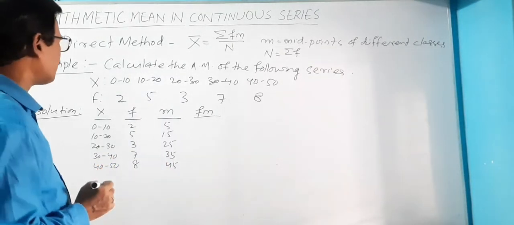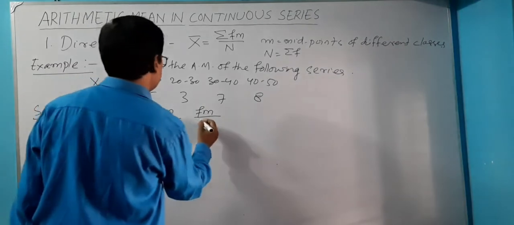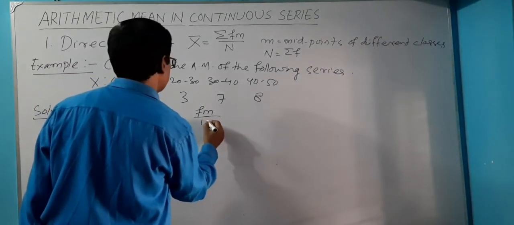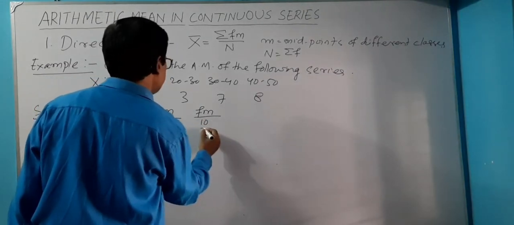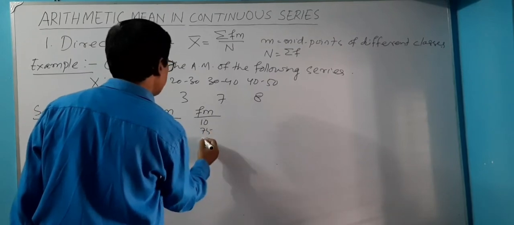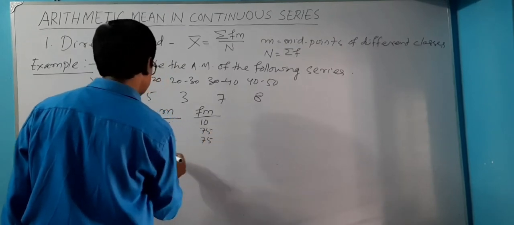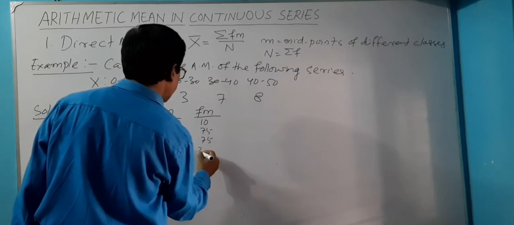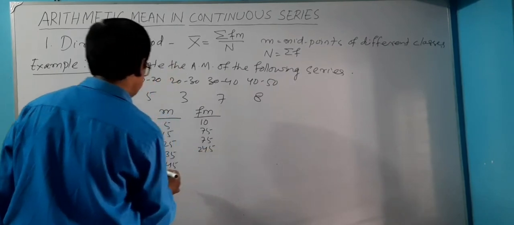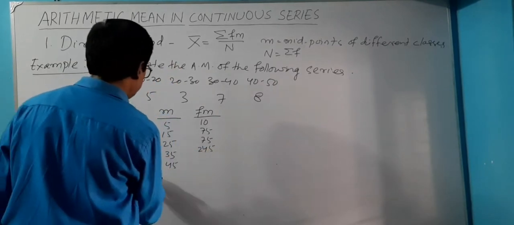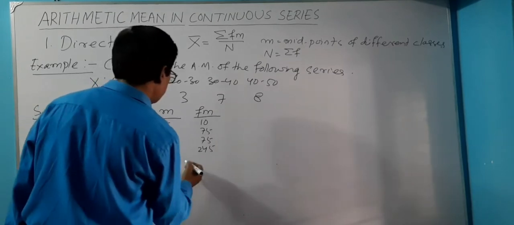Now how to calculate fm? F into m. That is 10, then 75, again 75, again 245, again 45 into 8, 360.